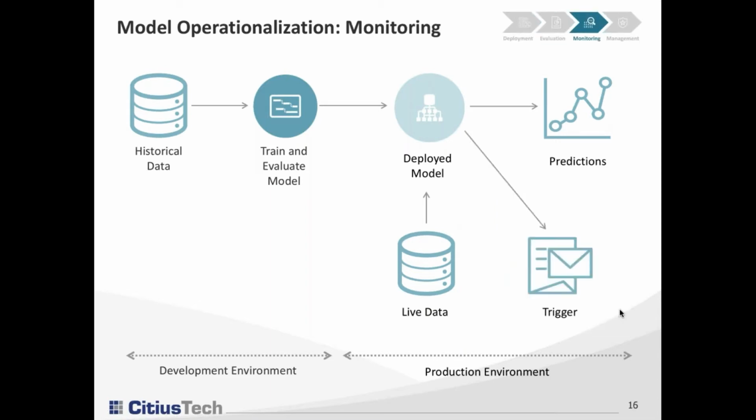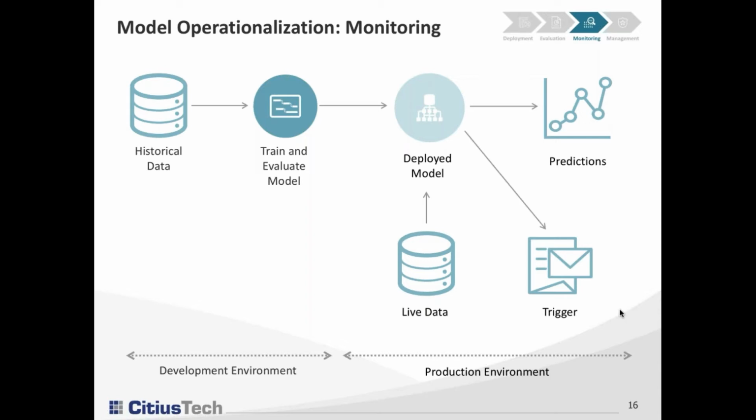And then finally, after the evaluation process, there's a monitoring process. And here is where thresholds are actually applied to the performance metrics that can trigger events based on model performance relative to defined thresholds. So, for example, if the model is underperforming, there are corrective actions that can be taken in order to improve the model with additional data. Or this can take the form of either recalibrating or rebuilding the model.